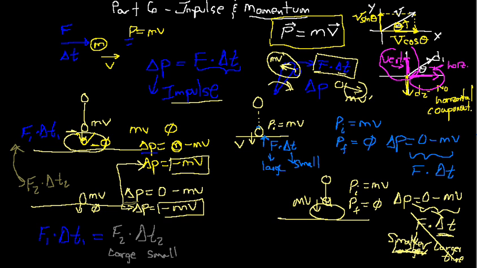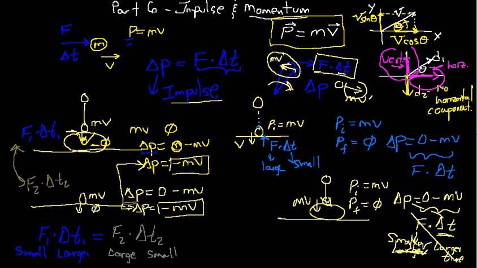This time interval, T1, is larger because it's on the pillow, so it's taking longer to slow down. So this force, F1, is going to be smaller. That's what I was trying to say.